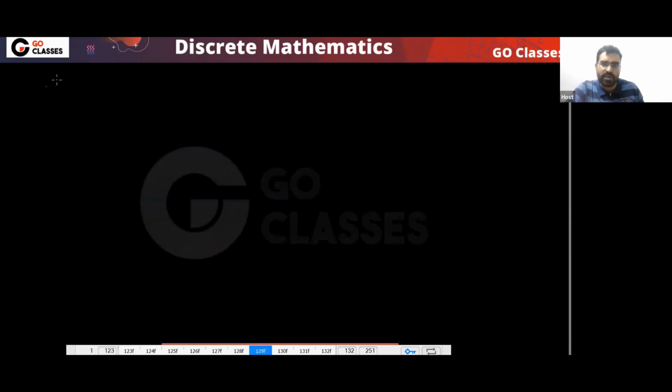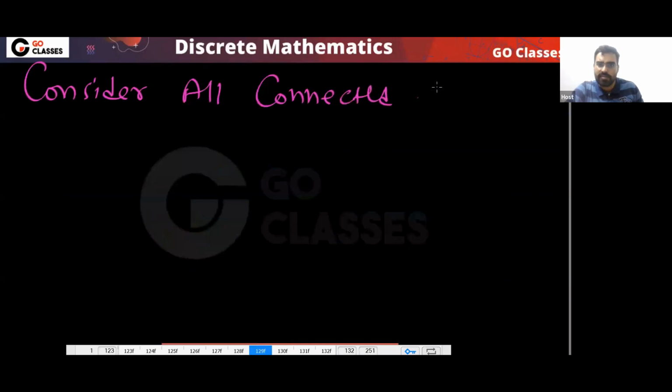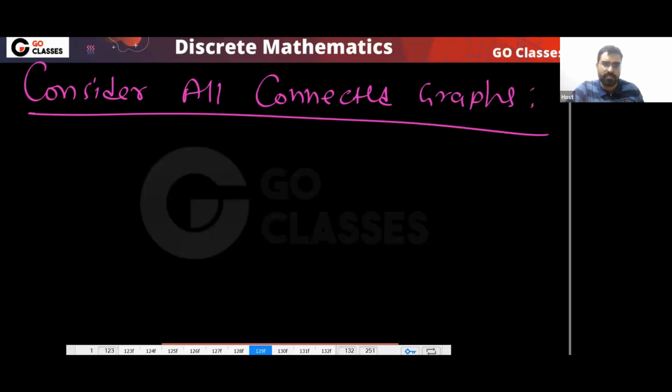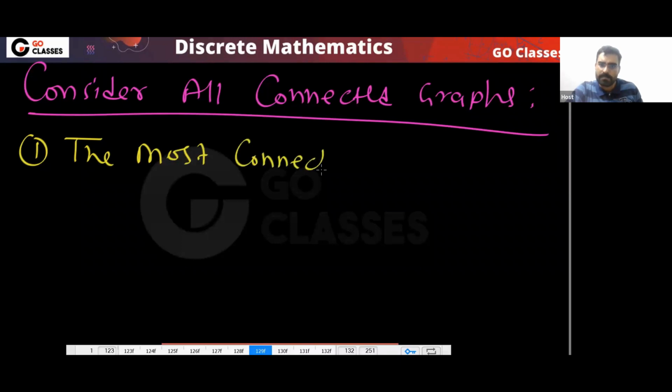Among all the connected graphs, consider only connected graphs. Who is the most connected? That is your complete graph on n vertices.